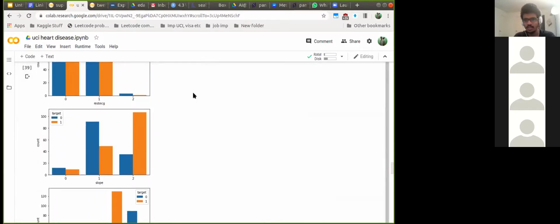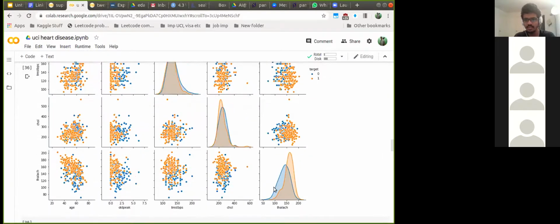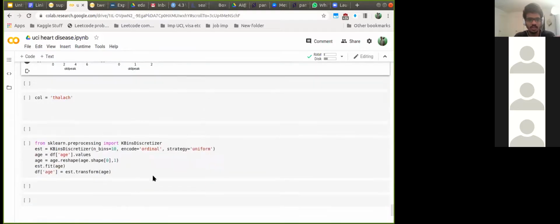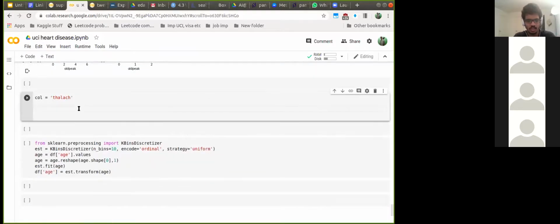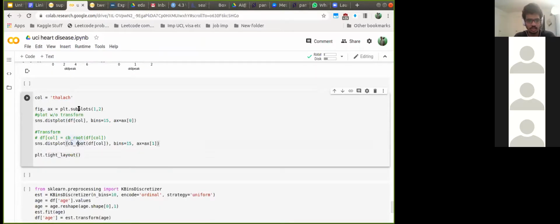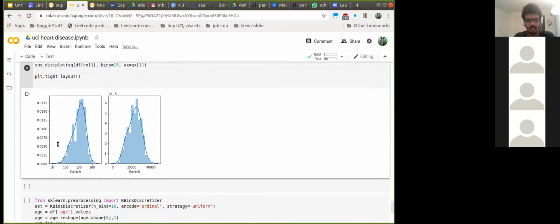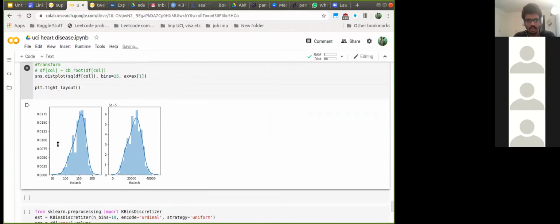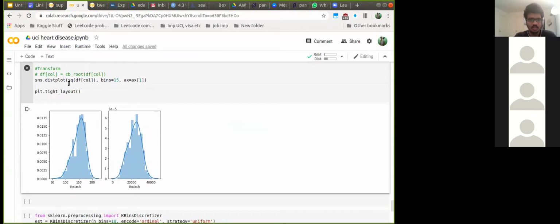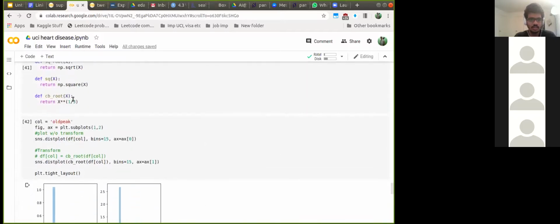So this particular one has a left skew, right? So we could use a squaring or cubing transformation that could work here. Okay. So yeah, the data is a little bit better, I guess.